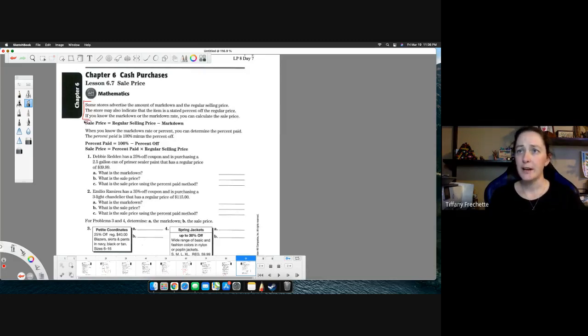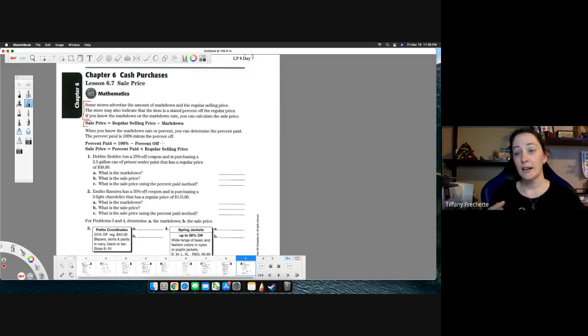So sale price equals the regular selling price, what you would normally buy for, minus the markdown. What do you not have to pay? What do you get off? When you know the markdown rate or percentage, you can determine the percent paid. The percent paid is 100% minus the percent off.